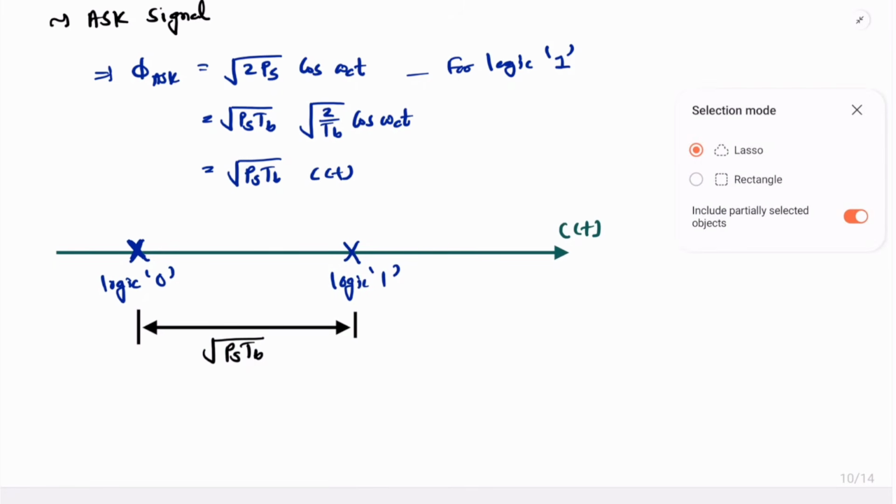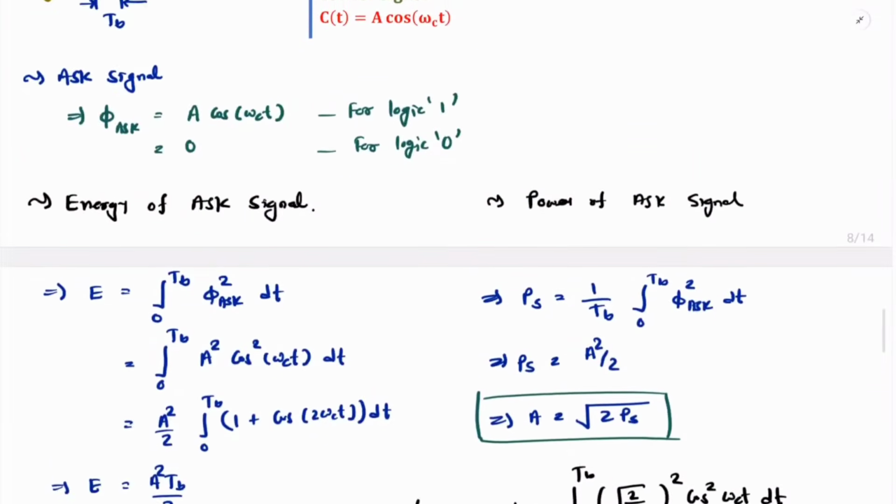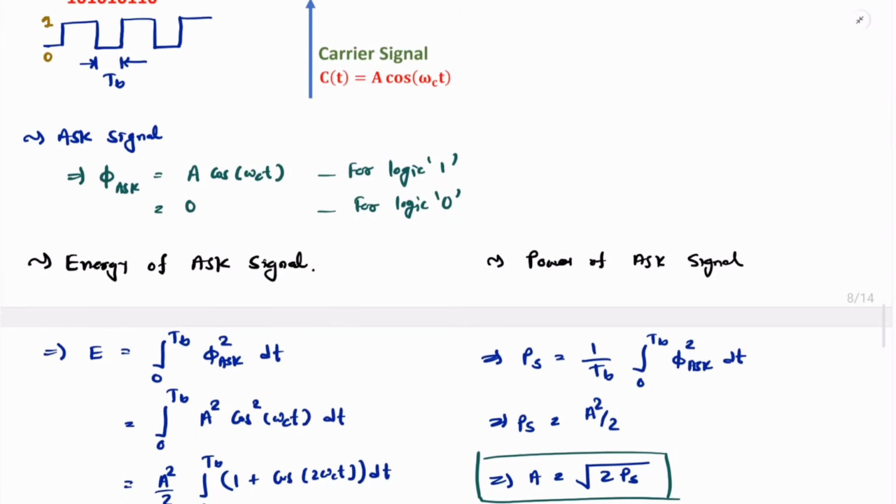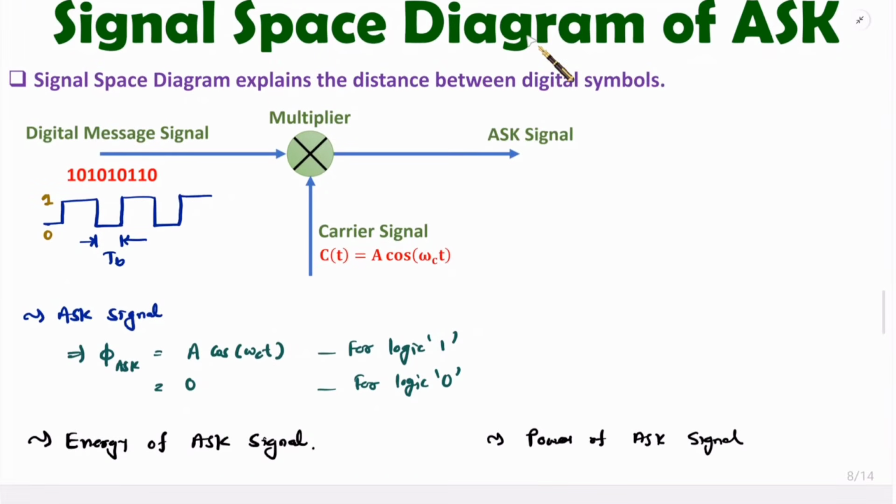And what does this signal space diagram explain? It explains the distance between two symbols. For that, we need to understand the amplitude of logic 0 and the amplitude of logic 1. Here, the amplitude of logic 0 is 0. But the amplitude of logic 1 was A with the given carrier. But here we will be plotting the signal space diagram with respect to the carrier, and obviously carrier energy should be unity.